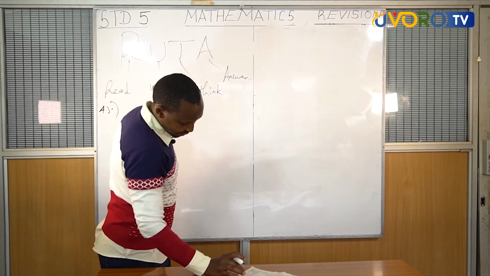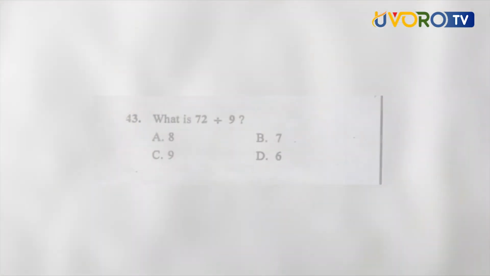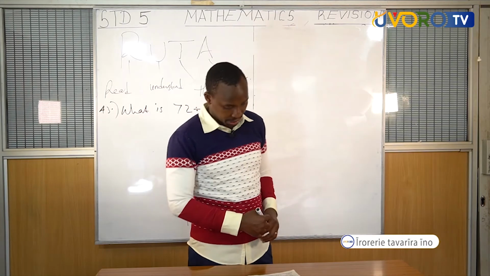Now, you are told, what is 72 divided by 9? What is 72 divided by 9? Now, this sum is very, very easy.